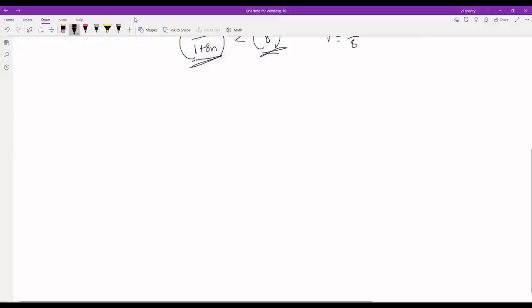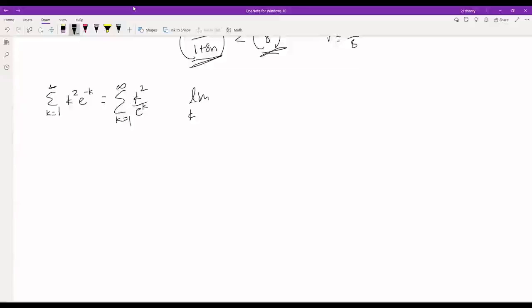Oh, wait. K squared times e to negative k, which is just k squared over e to the k. And so what I'm going to do for this one is a ratio test.